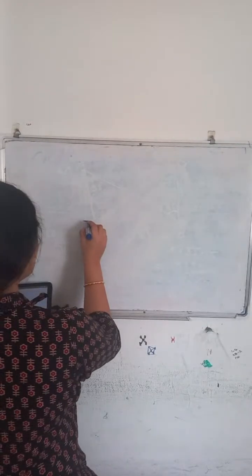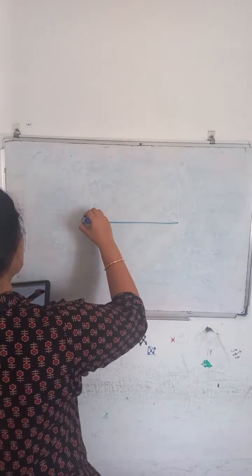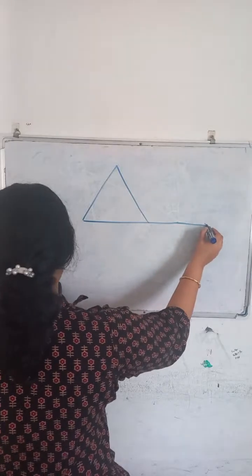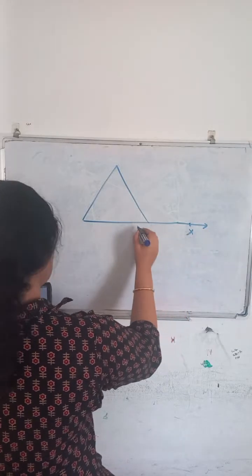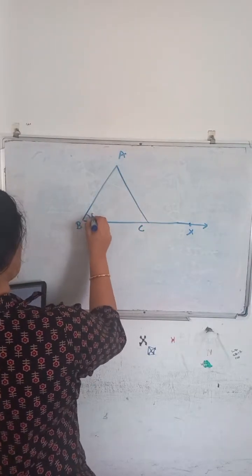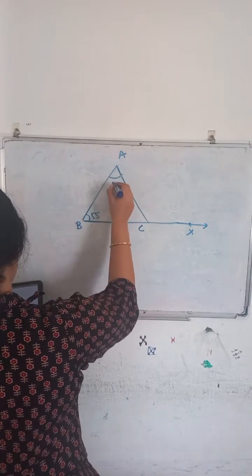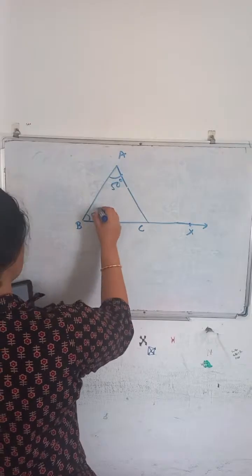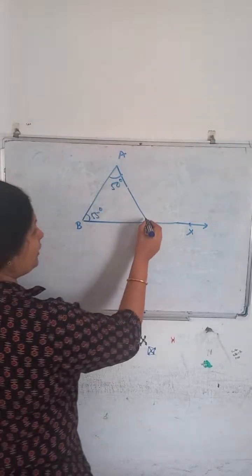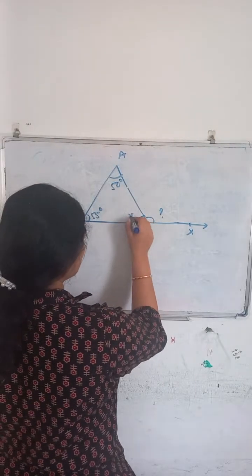This is 50 degrees, this is 55 degrees. Okay, we have to find this angle and this angle.